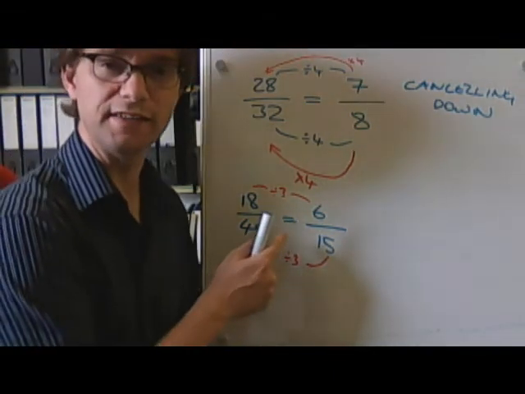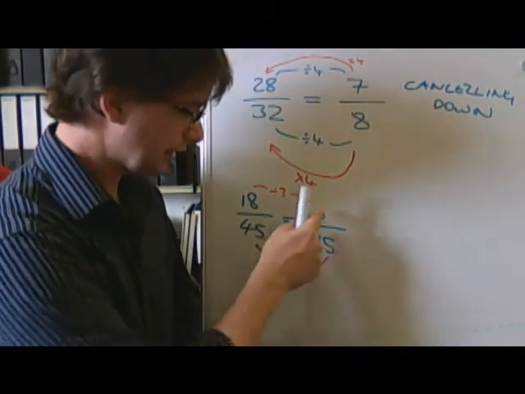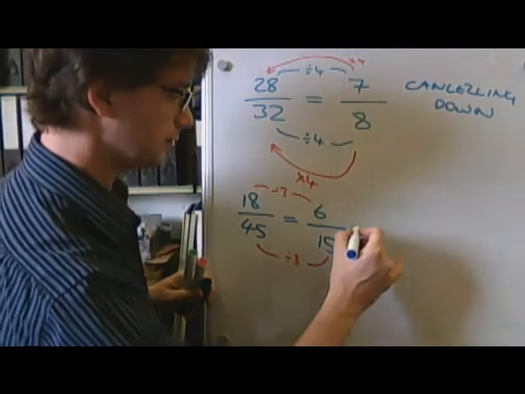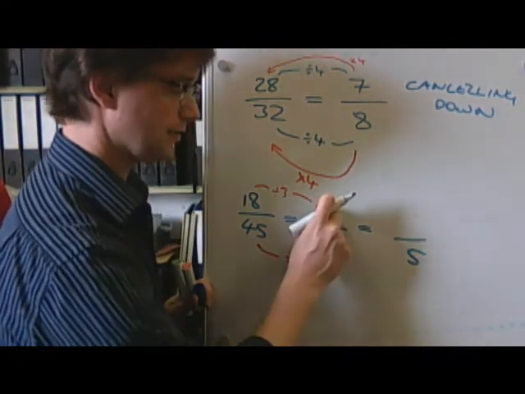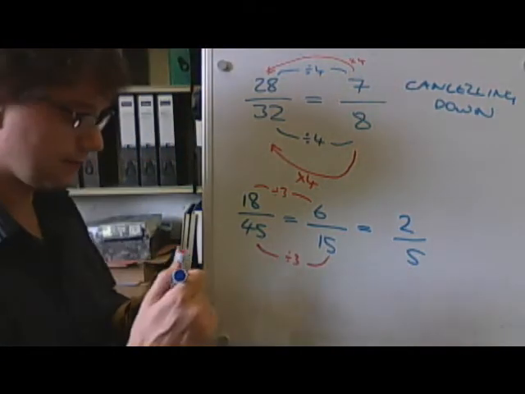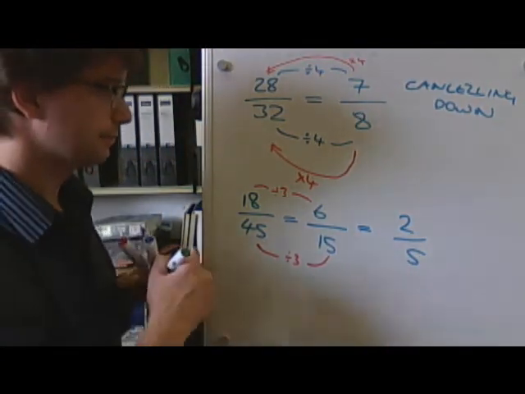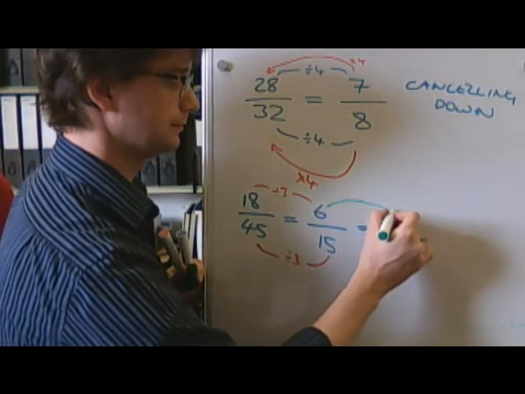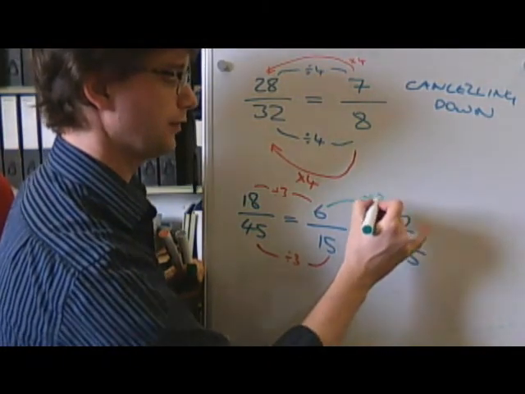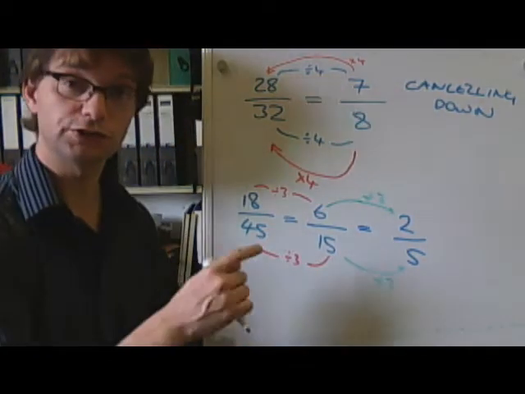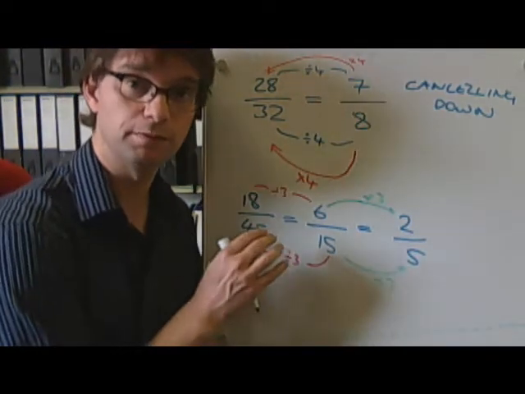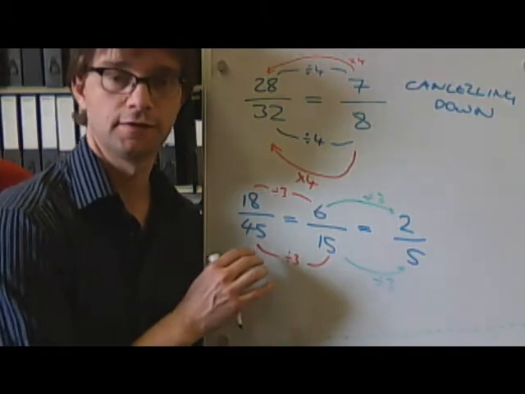But then when I look at this, I can think, oh, hang on a minute. I can get 3's into both of those as well. I can do that again. I can get 3's into the 15 and I can get 3's into the 6. So again, divide by 3. Divide by 3.